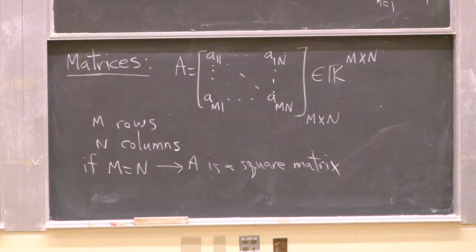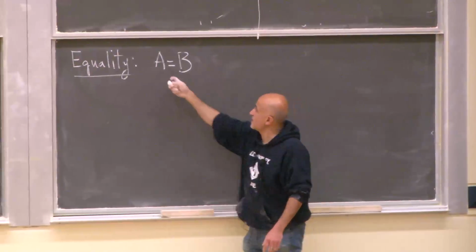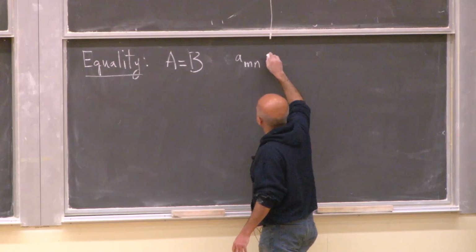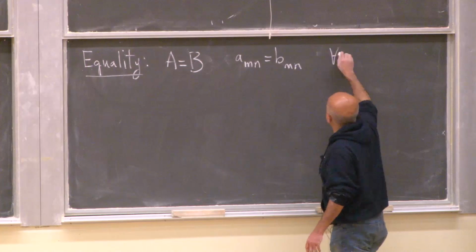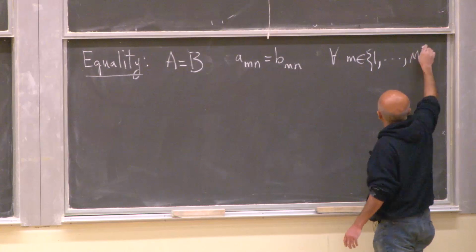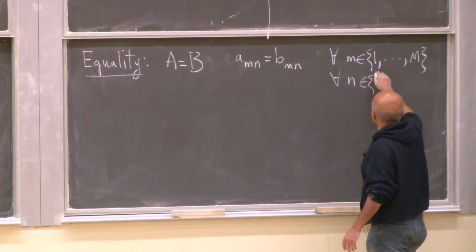Equality works exactly the same way as in the case of vectors. So we say two matrices A and B are equal if Amn is equal to Bmn for all m rows and all n columns.